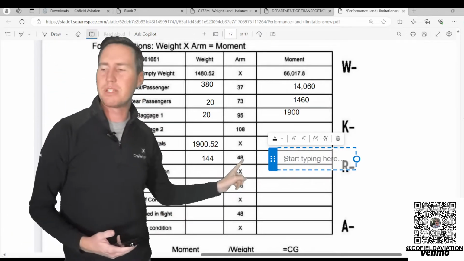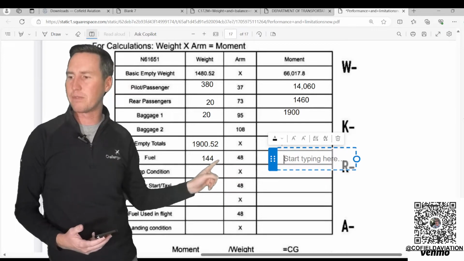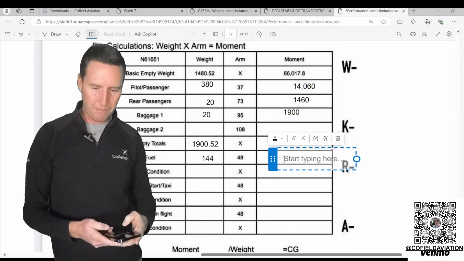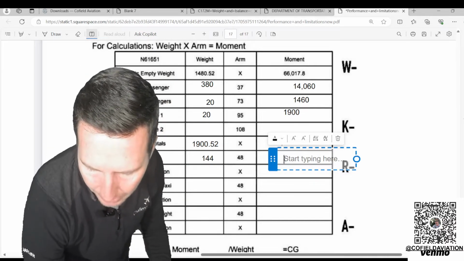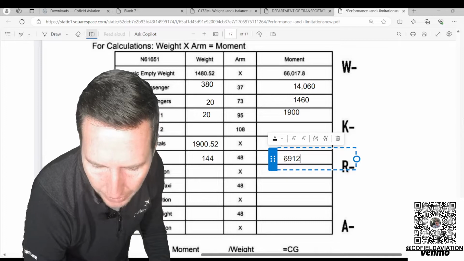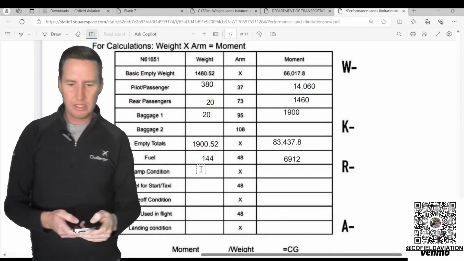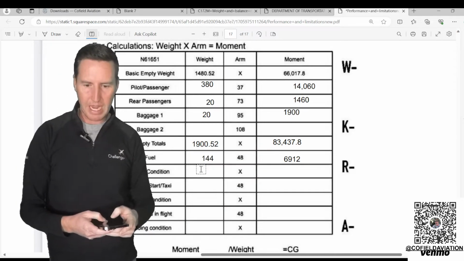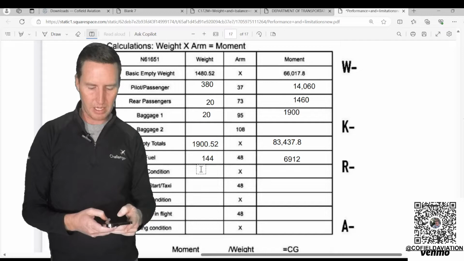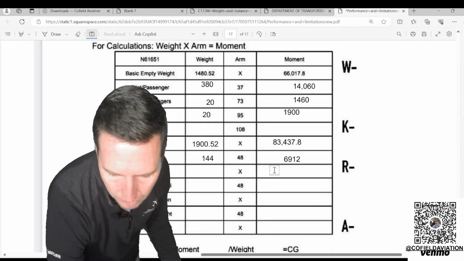Remember, we got that from the type certificate data sheet, in that systems and limitations sheet that came right off the type certificate data sheet. So 144 times 48 equals 6912. Okay? All right, now we come up with a ramp weight. Because I've already got 6912 here, 6912 plus 83,437.8 equals 90,000.